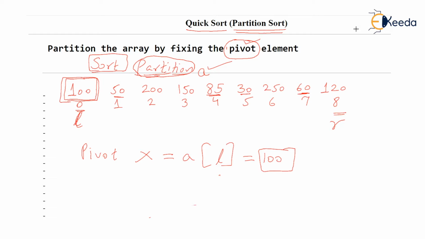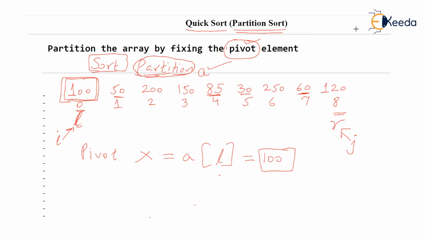Let's take a counter I and start this I from the leftmost place, and let's take another counter J and start it from the Rth place. So both the counters I and J have started from two extremes.